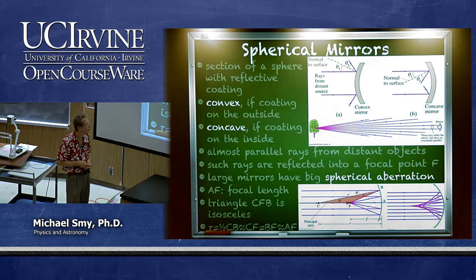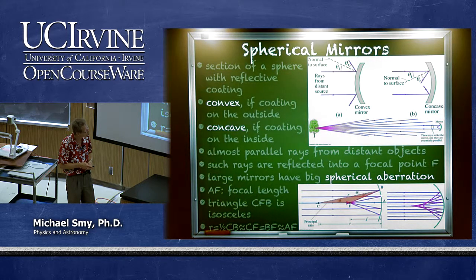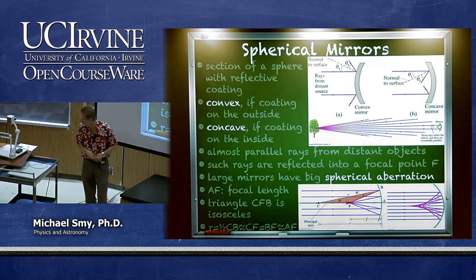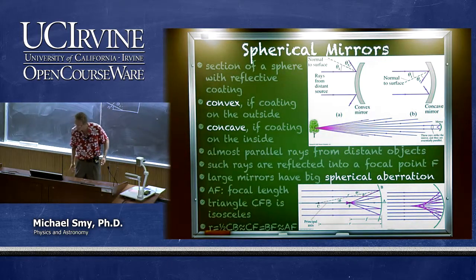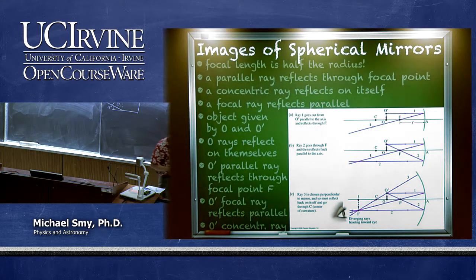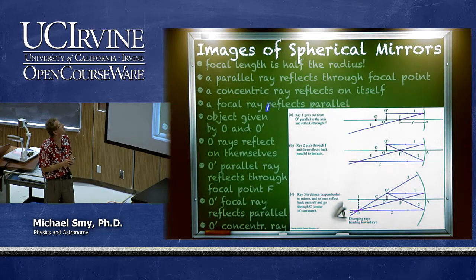And the distance AF is the focal length, the distance between focus and mirror. And the distance CB is, of course, the radius. For the approximation that the mirror is small, these two distances, which are equal to each other and must add up to the radius, we therefore get that the focal length is 1/2 of the radius. That's an important thing to remember for the spherical mirror, that if you know the radius, then the focal length is 1/2 of that radius.